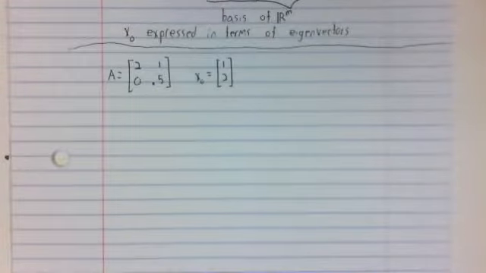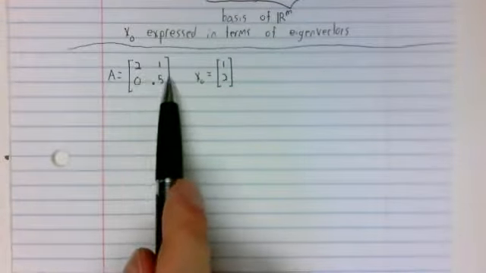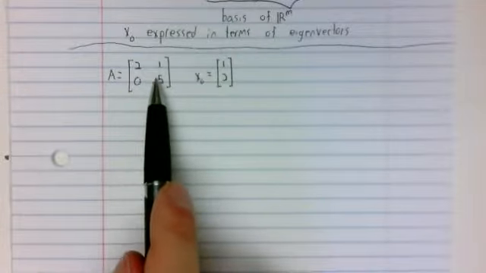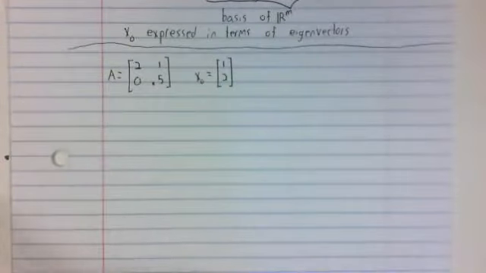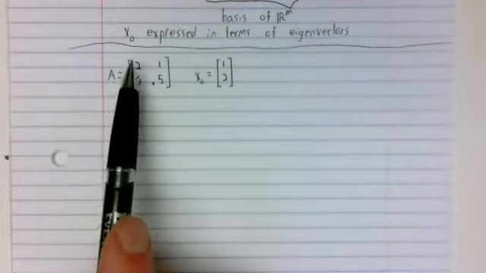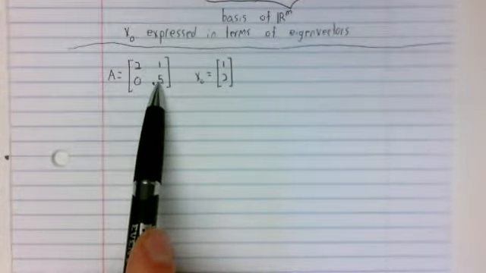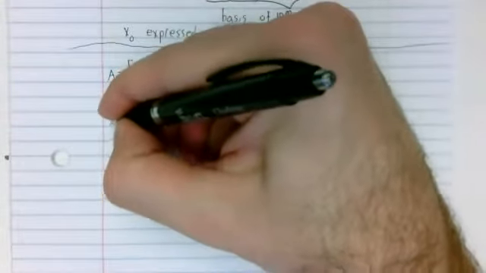I hope at this point finding the eigenvalues and eigenvectors of a 2 by 2 matrix is fairly routine. It would be difficult if A were bigger than this. Actually, we don't need to do any work finding the eigenvalues because this matrix is upper triangular.